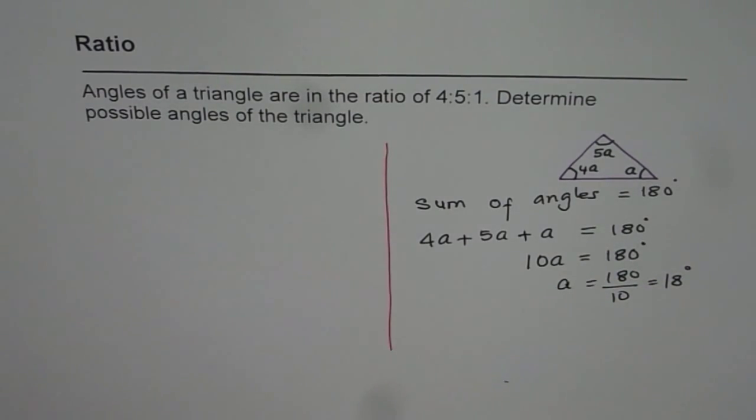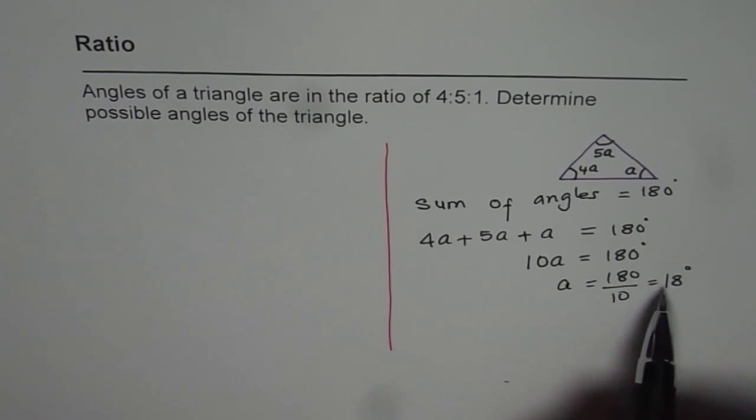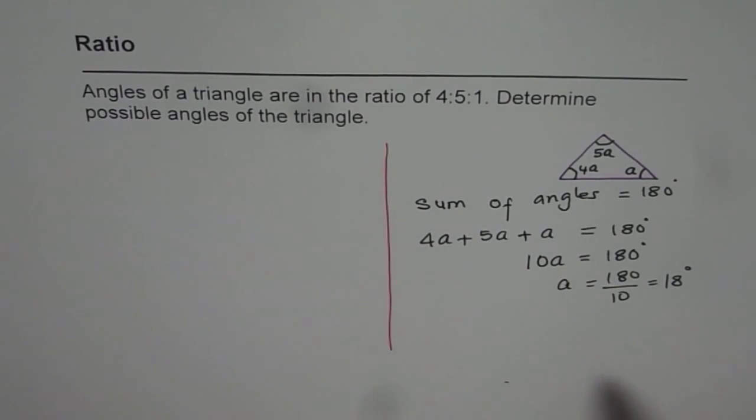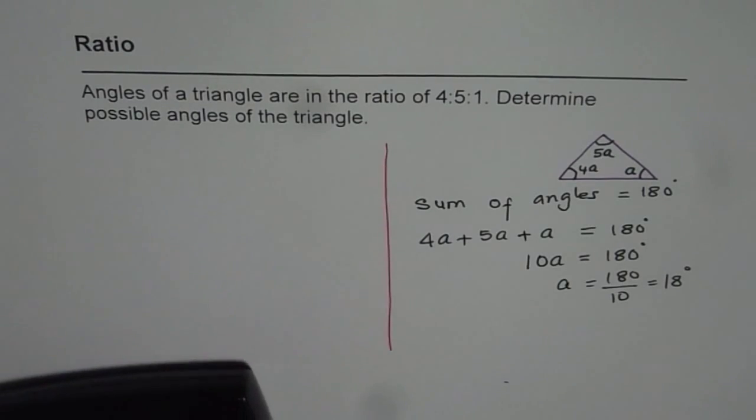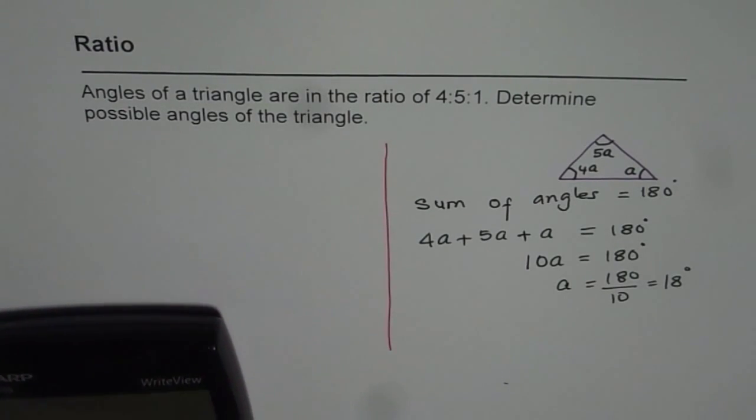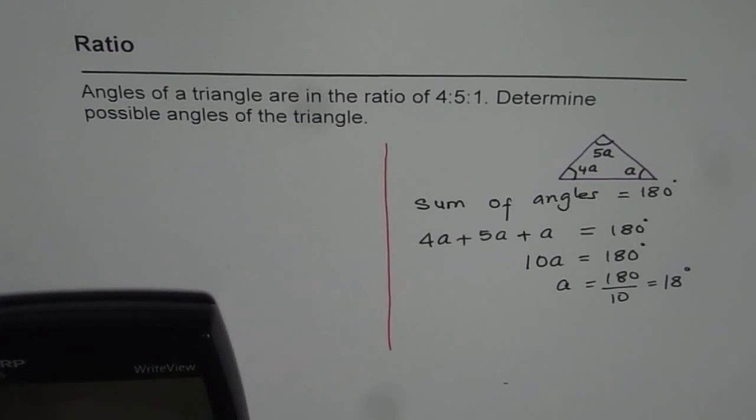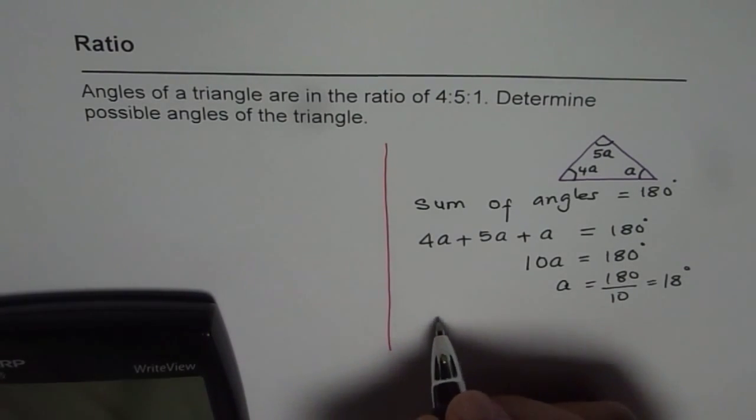Do you see that? So once we know A, we can write down the answer, right? A is 18, 4 times 18 and 5 times 18 are the other angles, right? So we can use a calculator, multiply, and write down the answer. So the answers are 4 times 18, which is equal to 72 degrees.